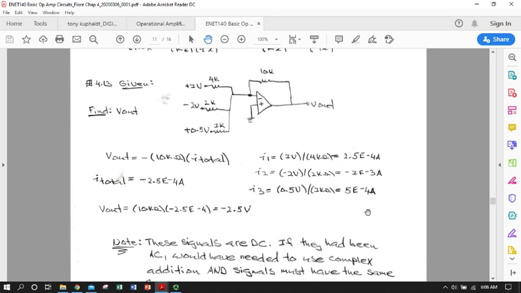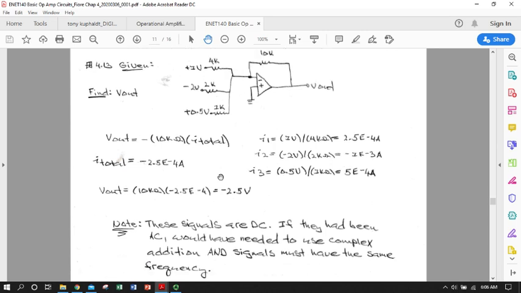Add up all of these numbers, and we get an I total of negative 2.5 times 10 to the minus 4 amps. So that's actually flowing the other way. So conventional current would be flowing net in this direction, and then it would branch. Okay, no problem. We can deal with negative numbers.